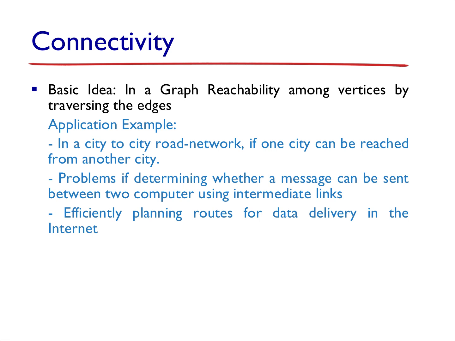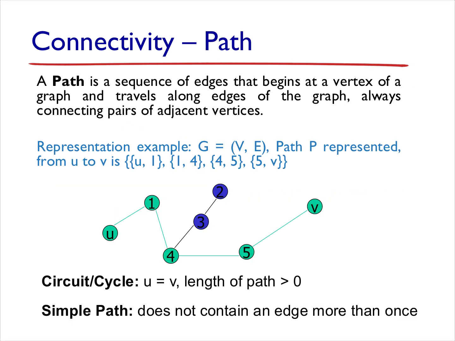Anyways, another important concept in graphs. In a graph, reachability among vertices means that you can go from one vertex across multiple edges until you reach the other vertex. In this case, you say that vertex B is reachable from vertex A. Okay, and then as part of the connectivity, you have something called a path, a sequence of edges that begins at a vertex of a graph and travels along edges of the graph, always connecting pairs of adjacent vertices.